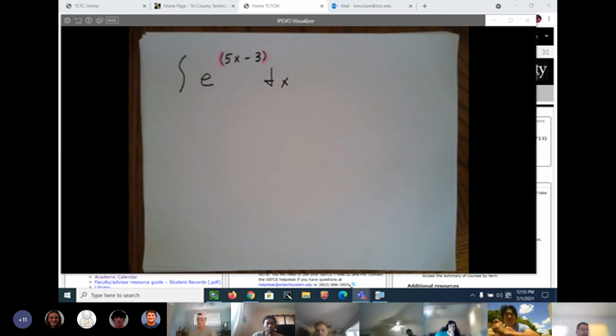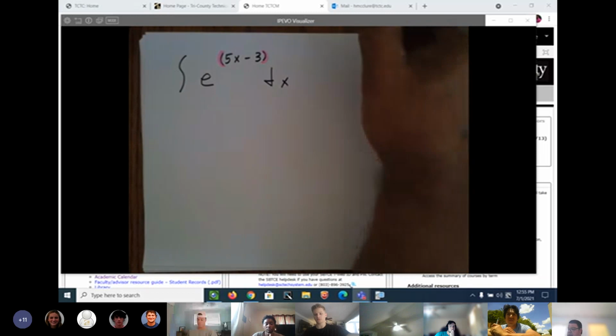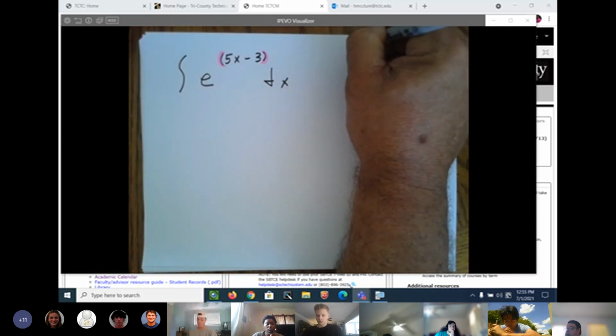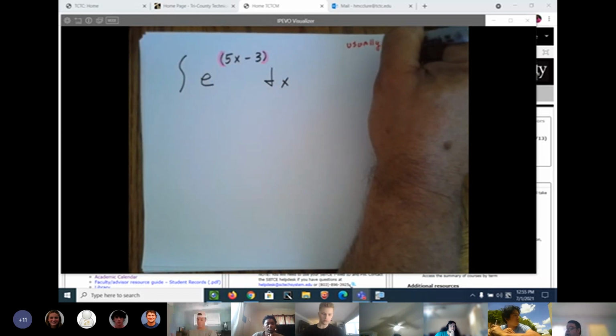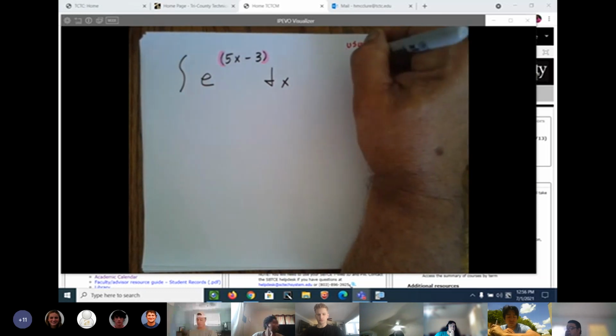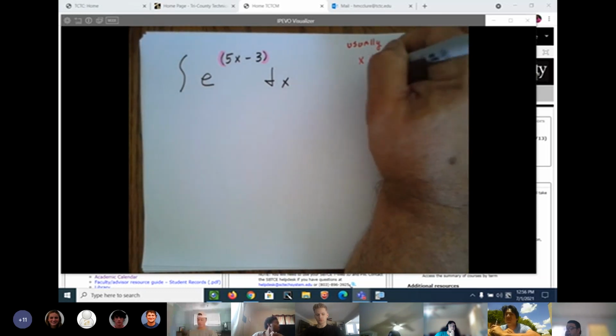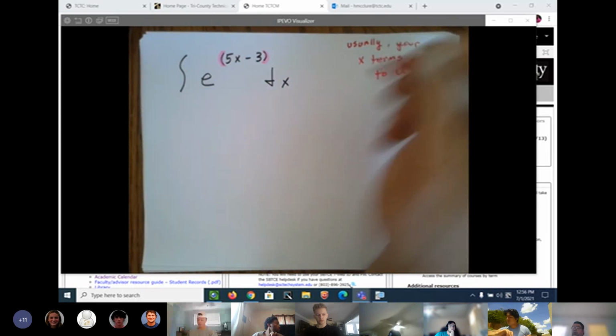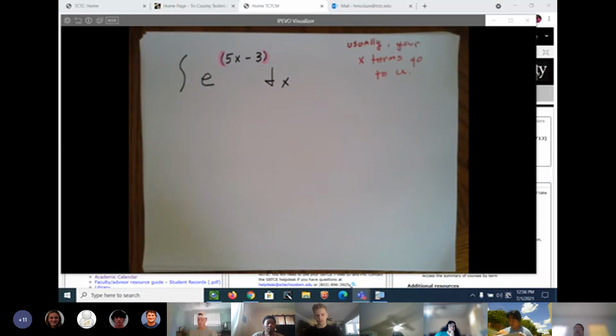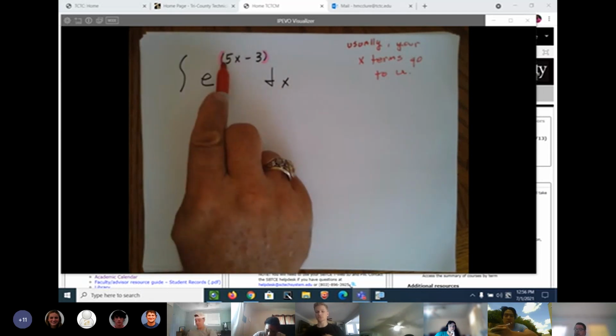Usually, and I'm going to put this in red, your x terms go to u. Most of the time, your x terms are going to go to u. You're not going to say u is equal to e to the, no. And that's why I put those parentheses here.